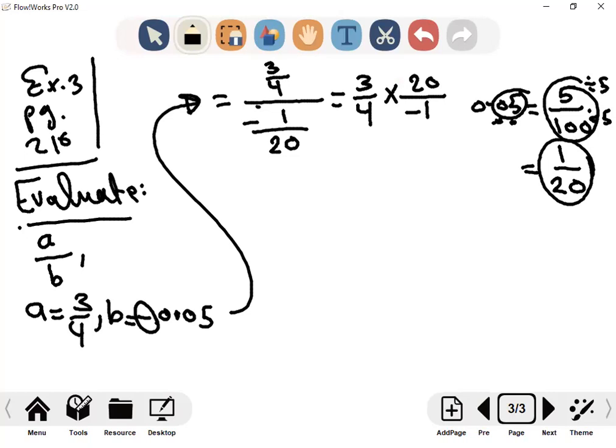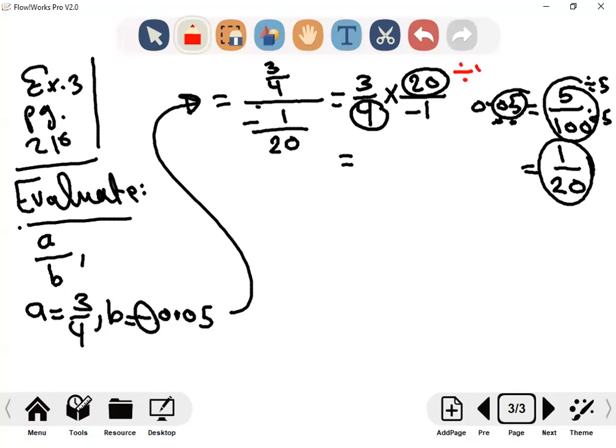Now this is equal. Now we can cross the 4 with the 20. So as much as you can simplify, do it, because at the end, it will be already simplified. So here 20 and 4, I can divide both by what?